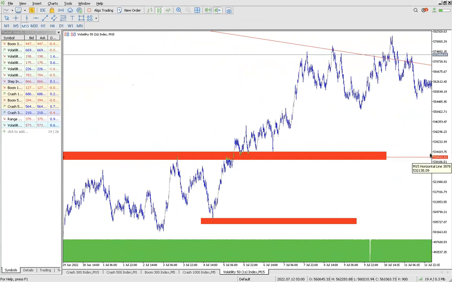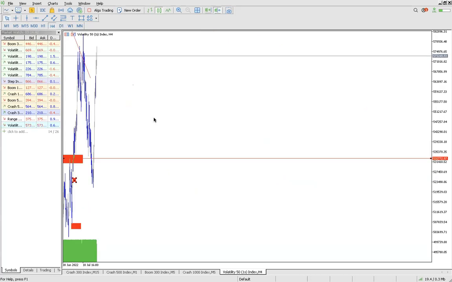If my entry is around this area, I take this low, put my stop loss around this area and get into a buy. Remember, I'm entering a 4-hour trade based on a 15 minute entry. And then I go back to my 4-hour.